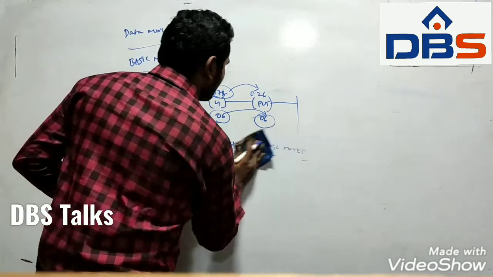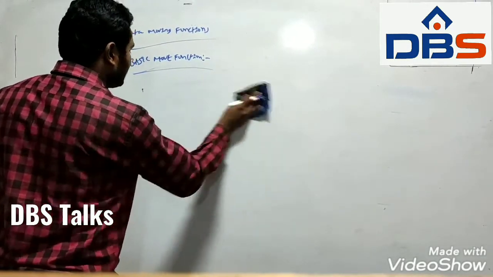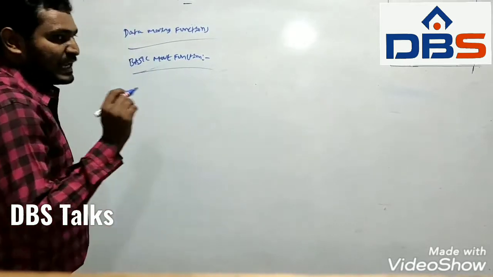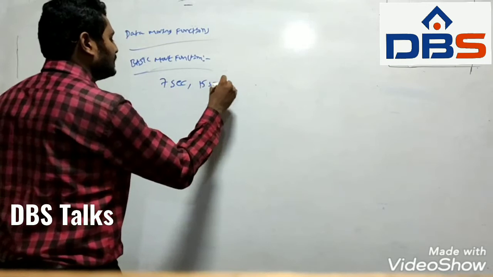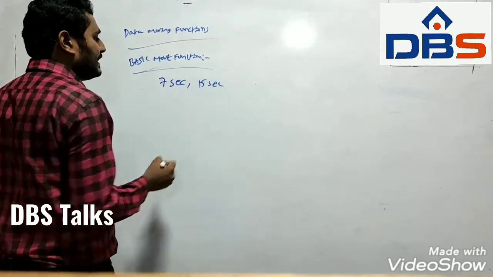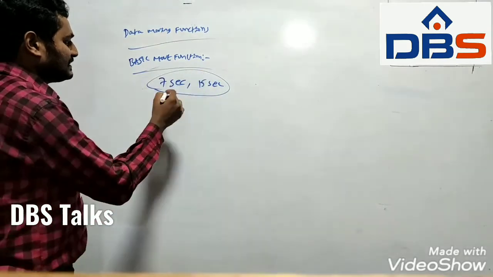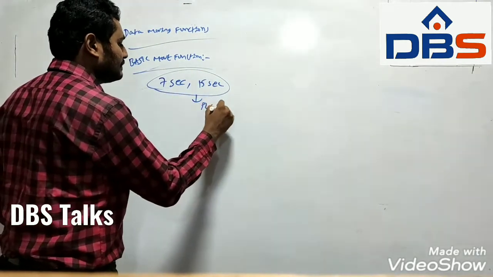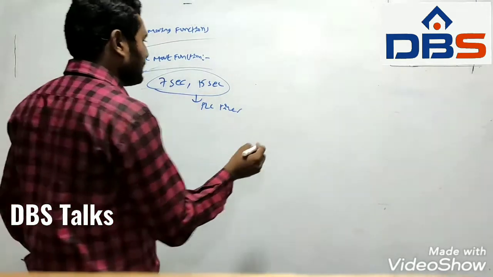And here we have one application to explain this basic move function. Here I am taking two timers, one of 7 seconds and another of 15 seconds. By using either of these two, we introduce the time into the PLC timer, by closing the input switches.